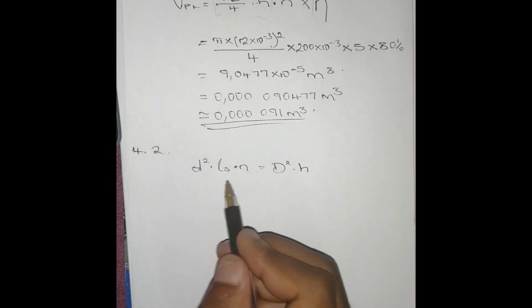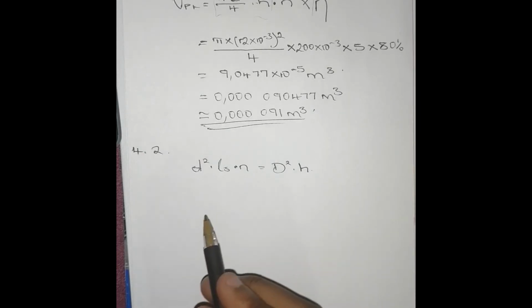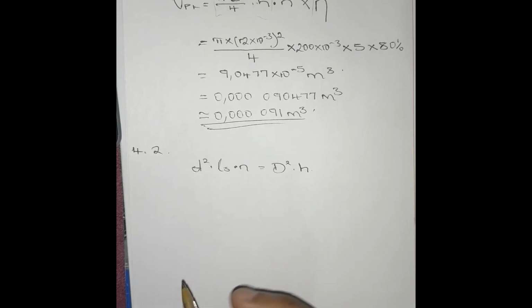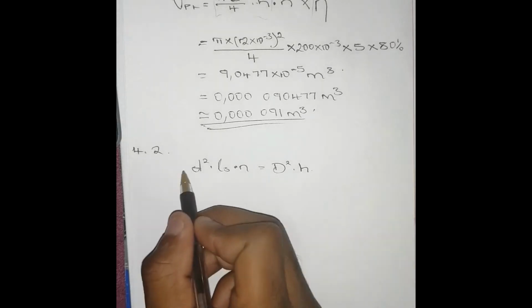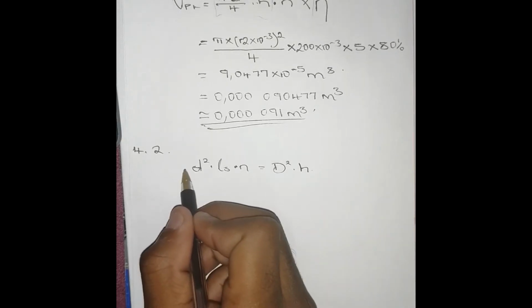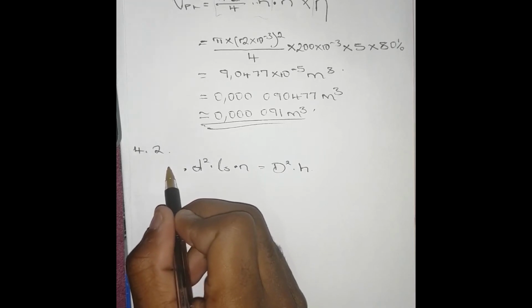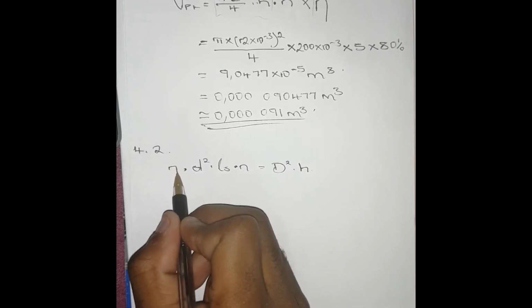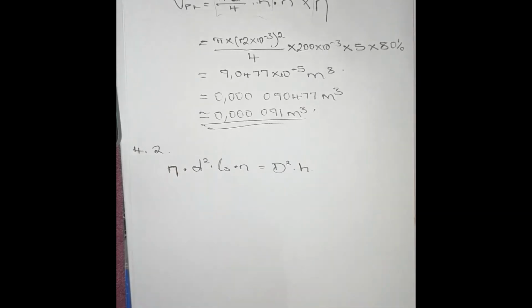And then since we are told that this system is not operating at 100% efficiency, that means we should multiply this side of the plunger with the efficiency, which is represented by this symbol.